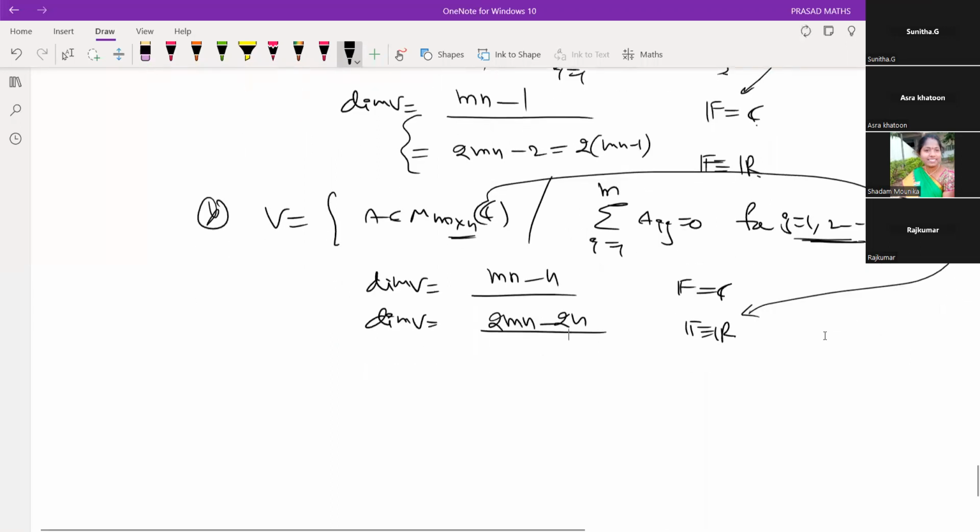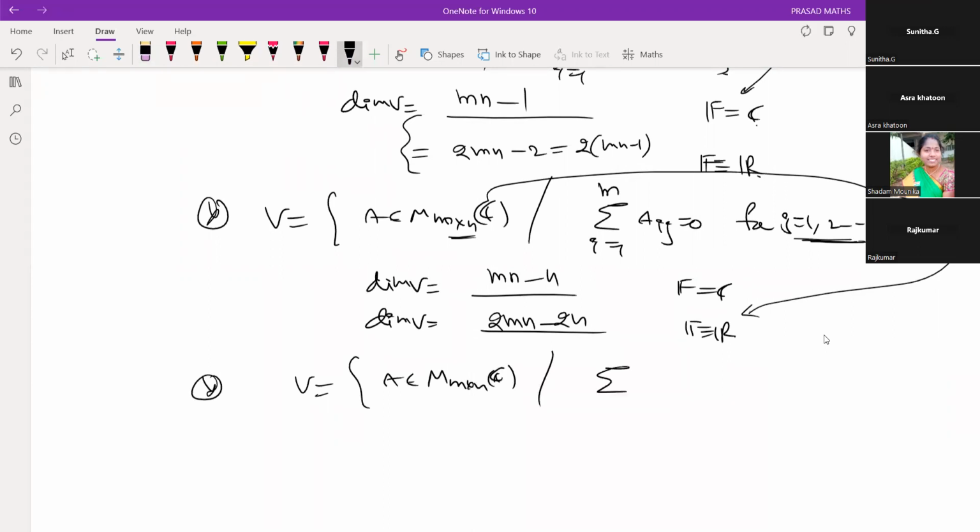Another problem: we did each row sum 0 and each column sum 0 individually. Suppose you take the intersection, that is, each row sum 0 and each column sum also 0. The sum over i equals 1 to m of a_ij is 0 for each j equals 1 to n, and the sum over j equals 1 to n of a_ij equals 0 for each row.